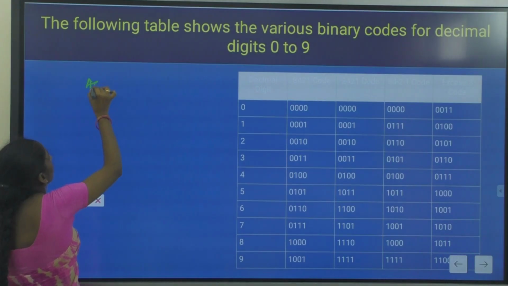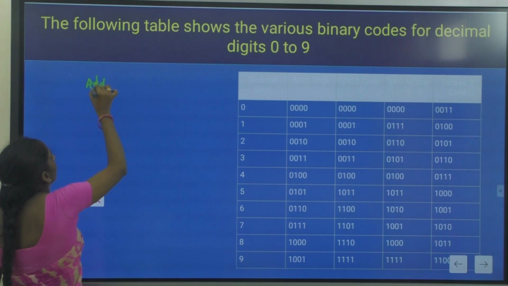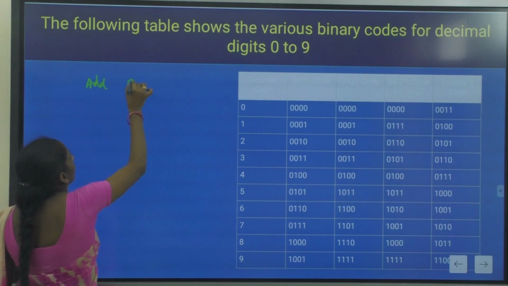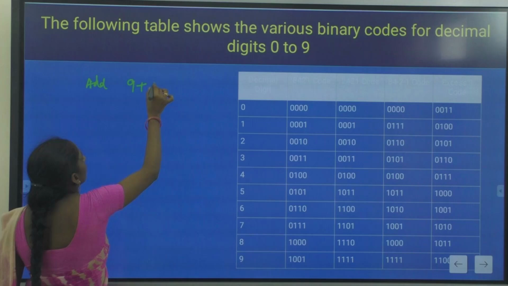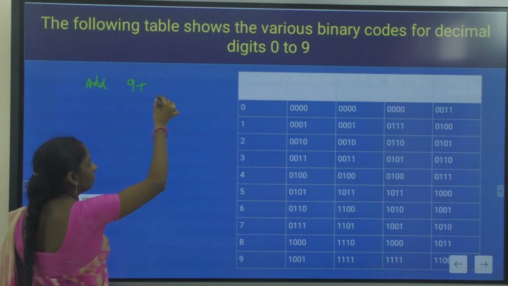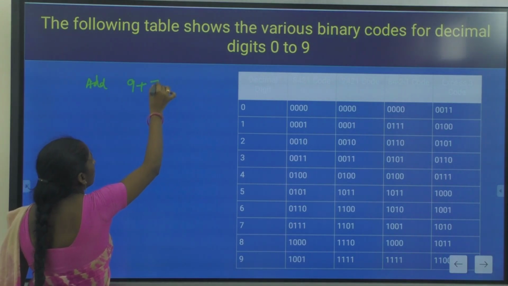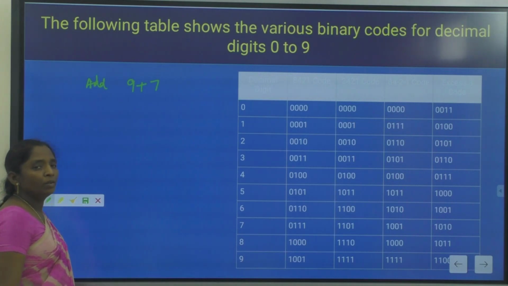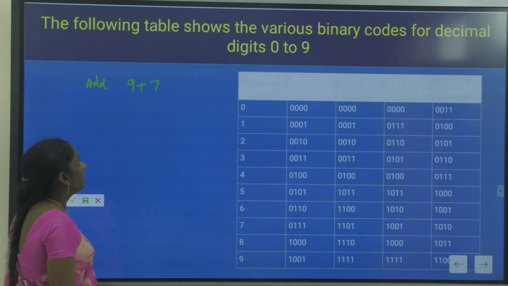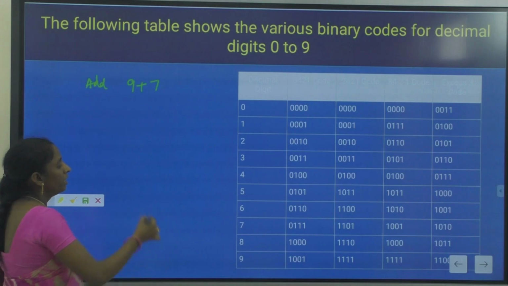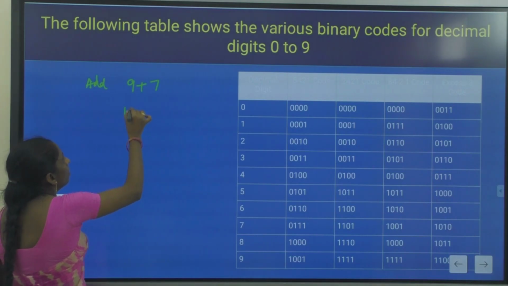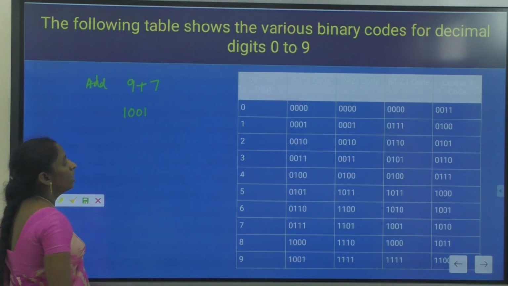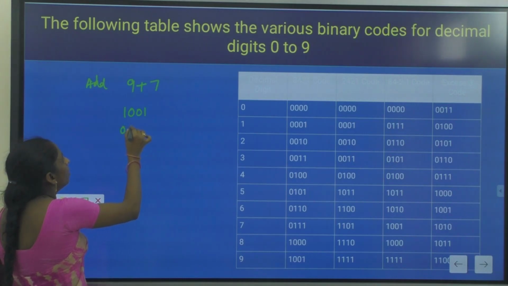Add nine plus seven. So take the 9, write the BCD value for 9, that is 1001, and the BCD value for 7 is 0111.